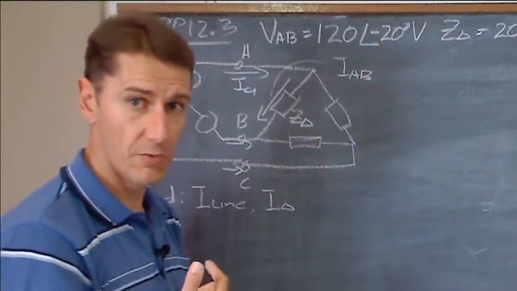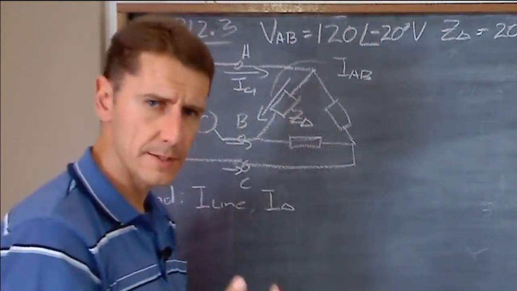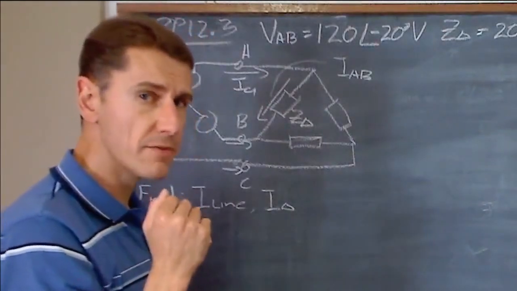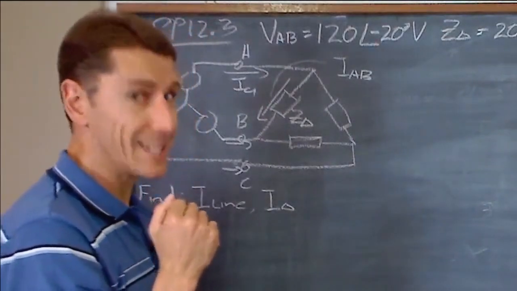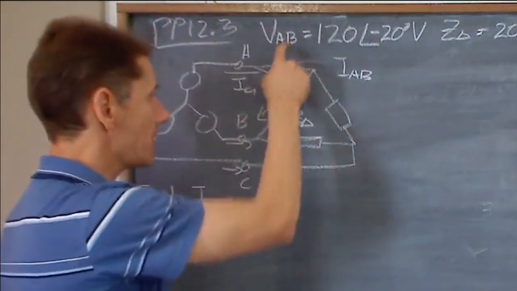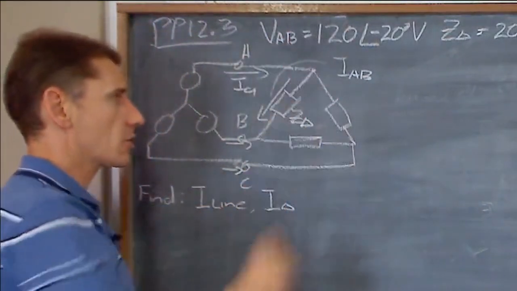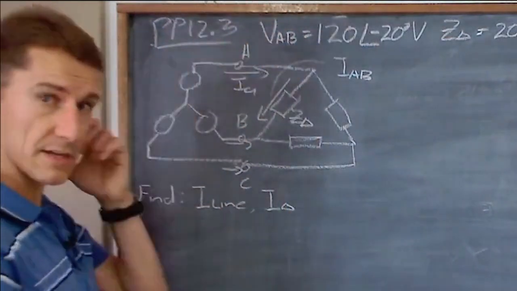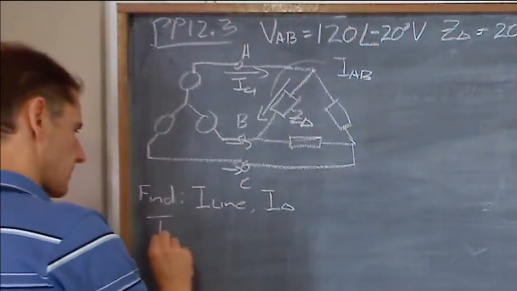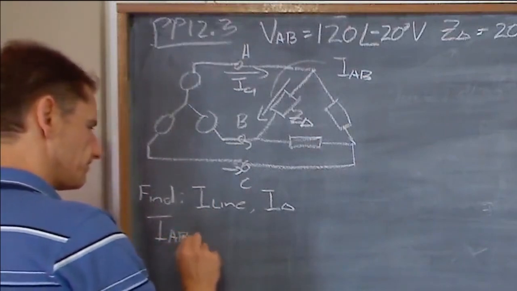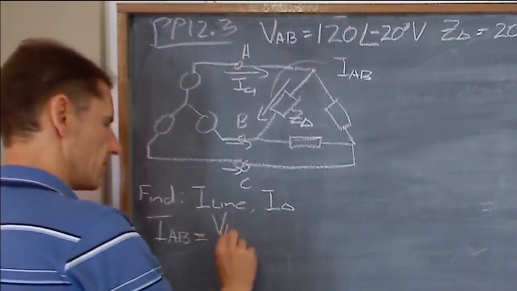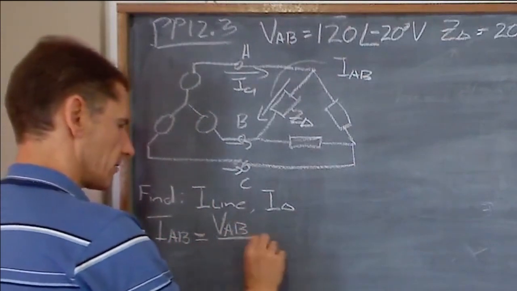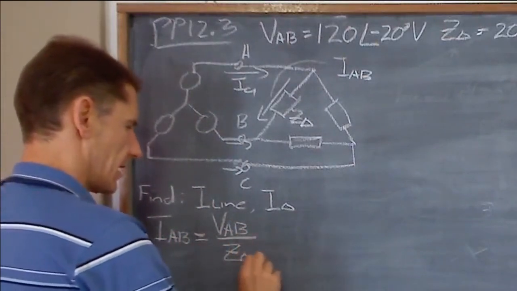You need the voltage across that impedance. Do you have it? Yes, you do. It's VAB. VAB, the 120, is sitting across that impedance. So IAB is VAB divided by Z delta.